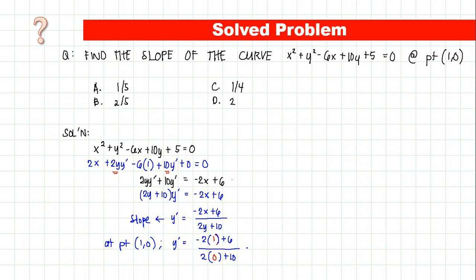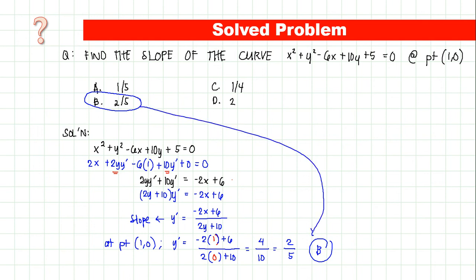Plus 10. And that brings us to 6 minus 2, that is 4. And sa denominator side naman, we have 10. Pwede pa natin simplify yan. We have 2 over 5. So, ang sagot pala natin dyan ay letter B. No? So, 2 over 5.